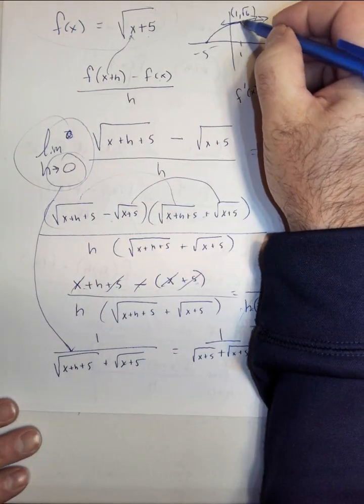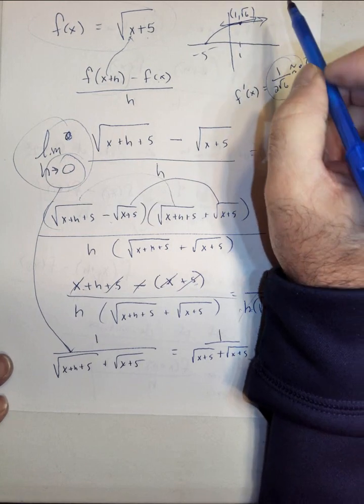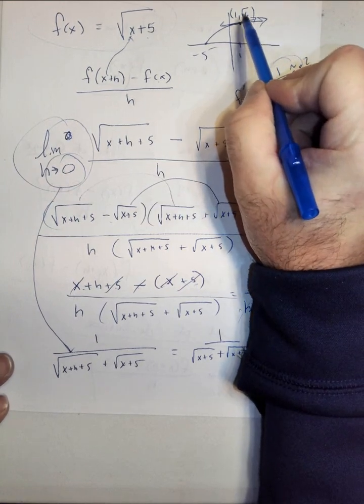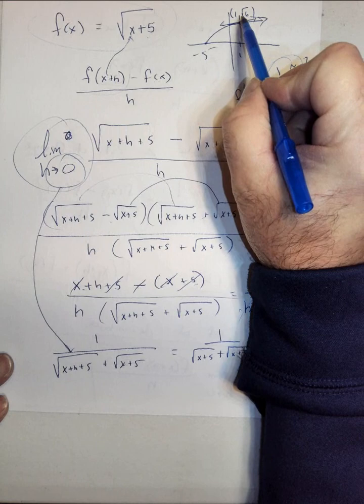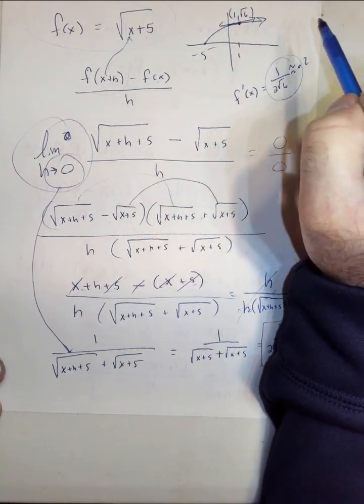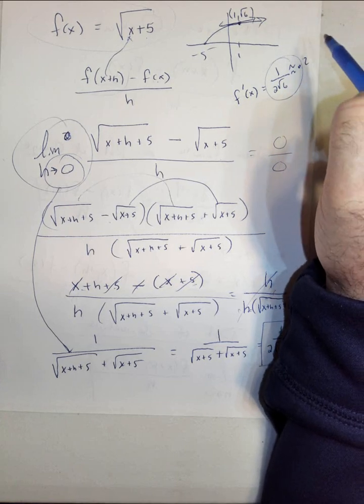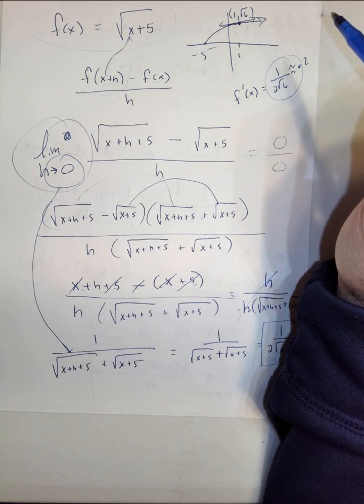So at this point, right here, the slope of that tangent line is about 0.2, or that is the instantaneous, meaning happening right at that location, rate of change on that graph. That's pretty powerful, because at any moment we could find what the rate of change is.